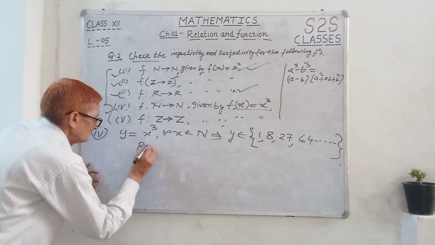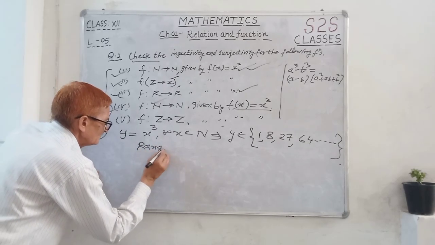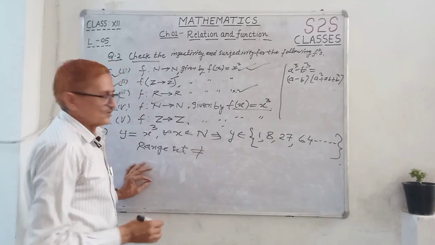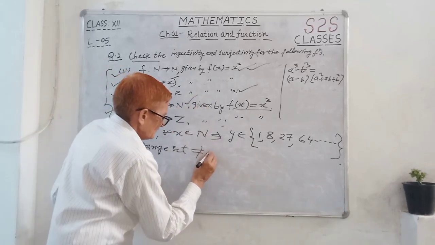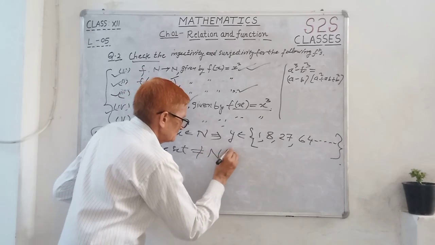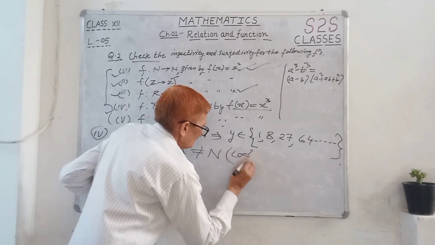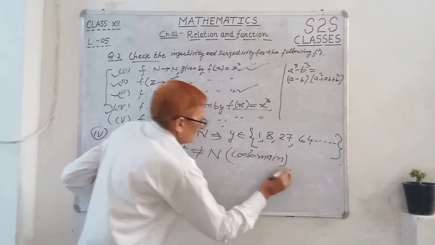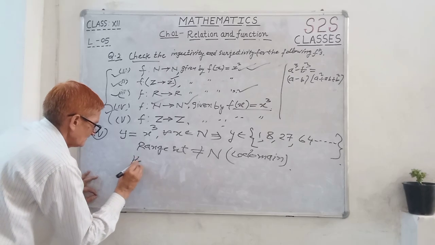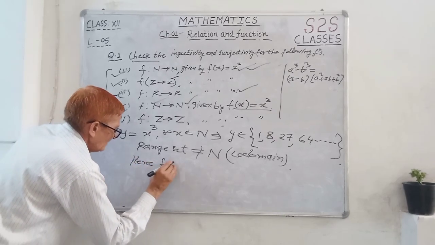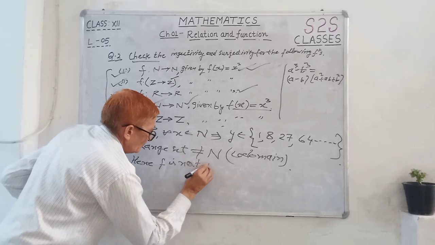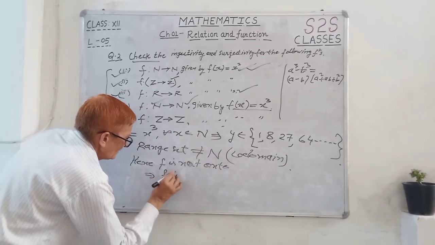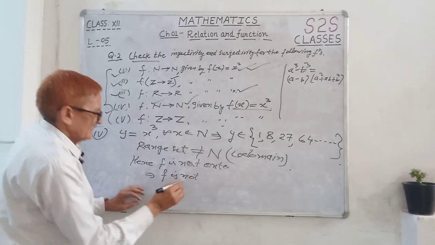So the range set is not equal to the codomain. The codomain is natural numbers. So the range is not equal to the codomain. Hence f is not onto. This implies f is not surjective.